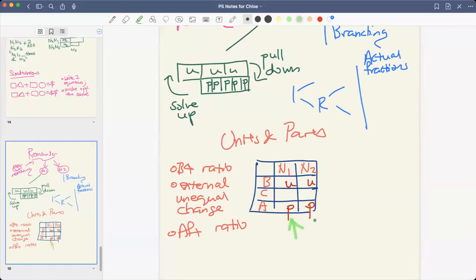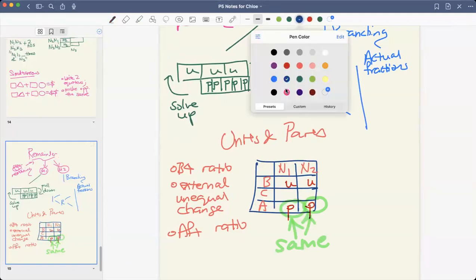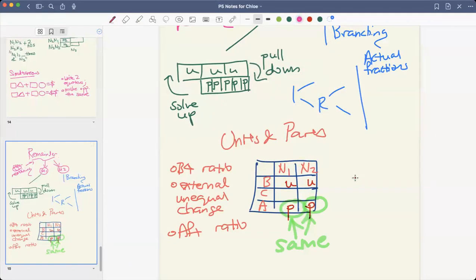And then this one, you have to make the same. Then followed by your model. Okay, followed by a model. So maybe this one is the parts. Then this one will be your units.